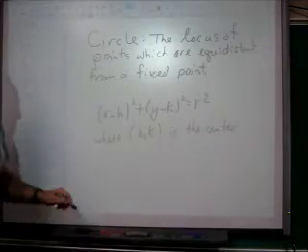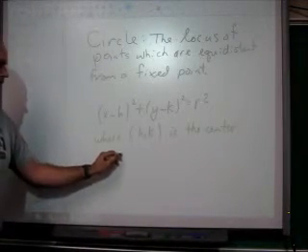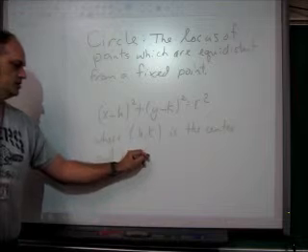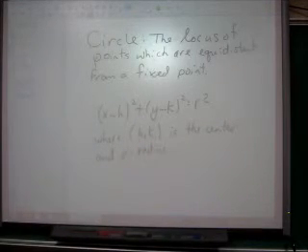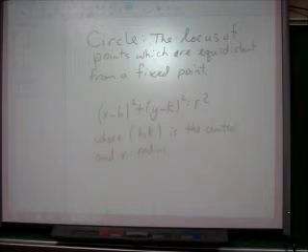And what about that r squared number? r is equal to the radius. Questions? Okay. Then we're going to look here in a minute at an example of how we utilize this information.